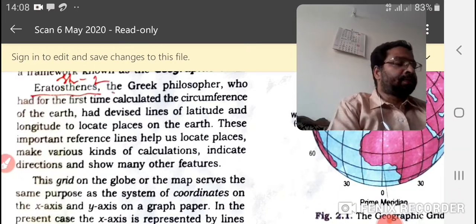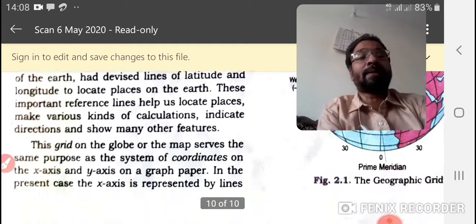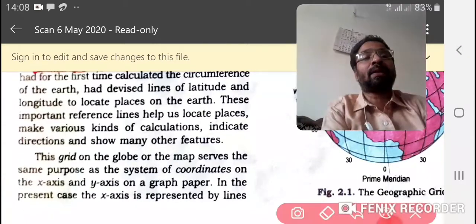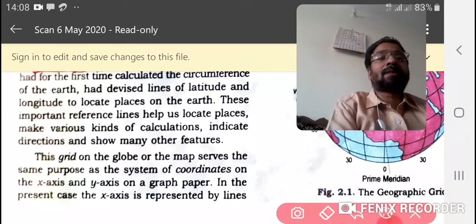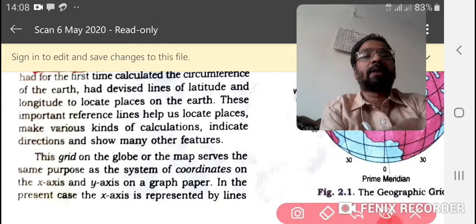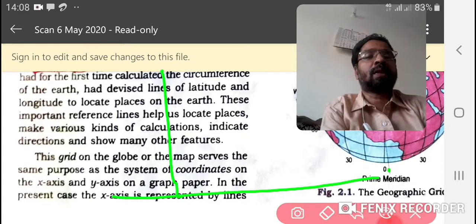Now, this grid on the globe or the map serves the same purpose as the system of coordinates on the x-axis and y-axis, like the maths graph paper you are studying. This is known as which axis?